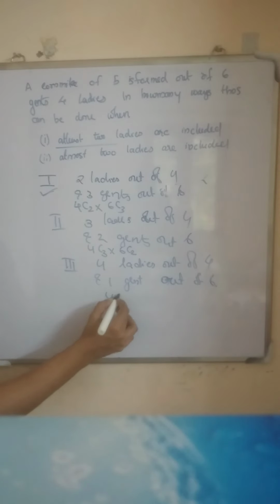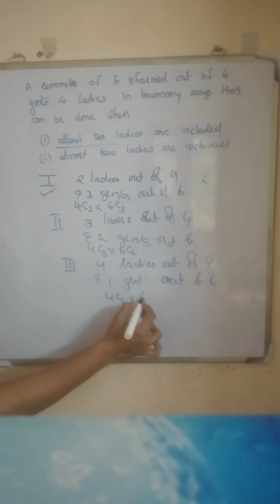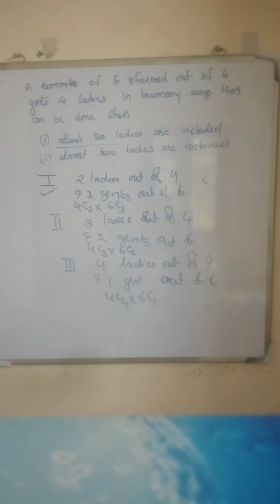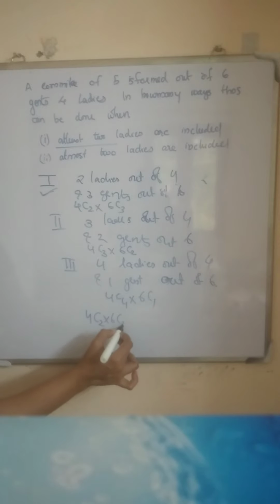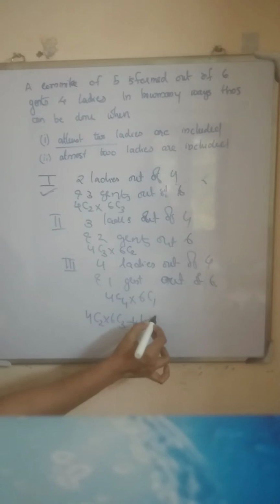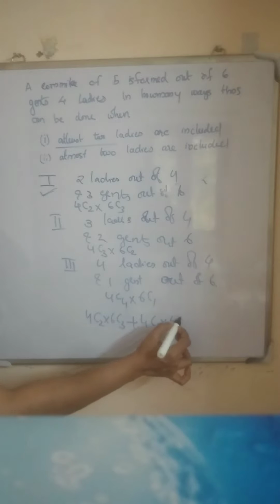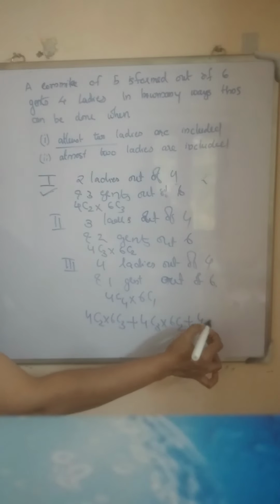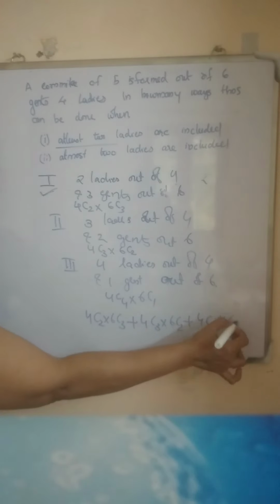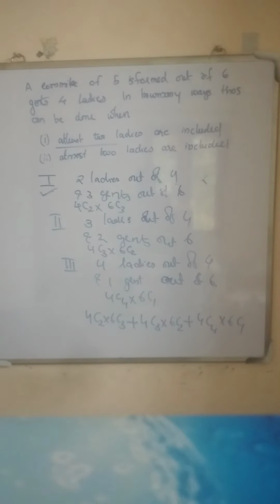Here 4C4 into 6C1 way. So the total number of ways of forming the committee is 4C2 into 6C3 plus 4C3 into 6C2 plus 4C4 into 6C1. After calculation we get that it is equal to 186.